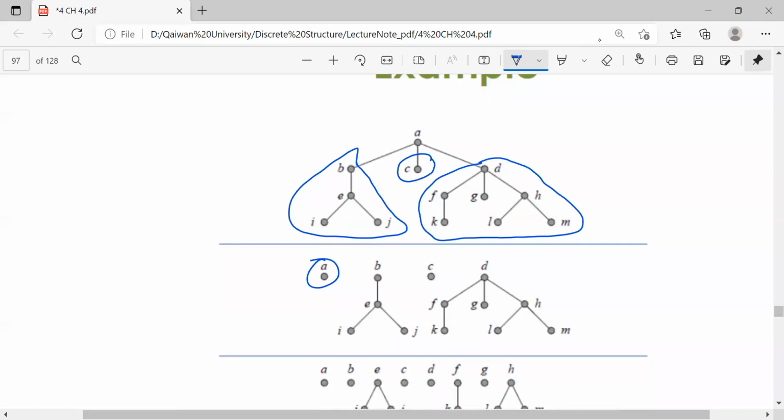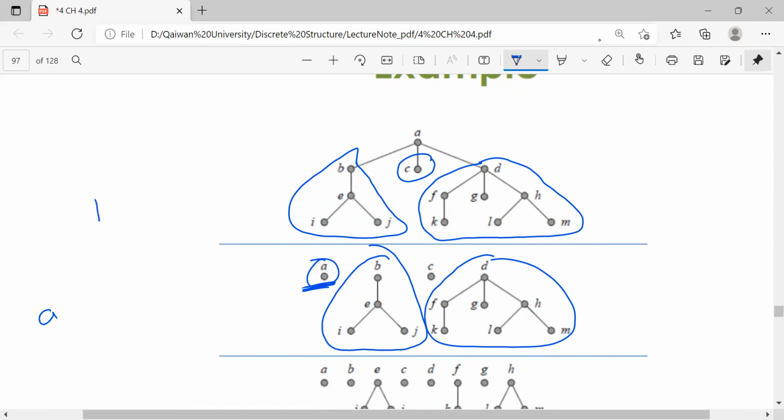Now, for this tree, we do the same, and for this tree, we do the same also. But here, the first element is A. And then we have B, then we have E, and then I and J. We first write down B. As I said, it's from the root down.